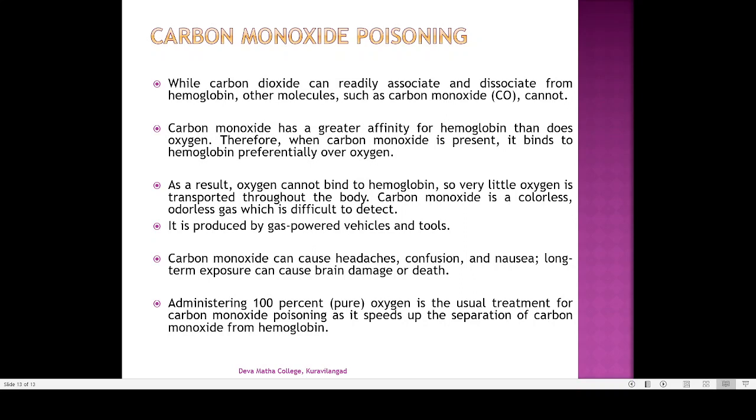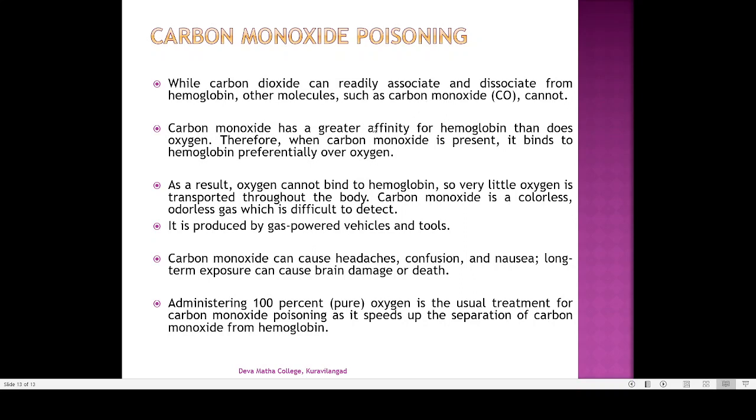So binding and removal from a hemoglobin molecule is very easy. But in the case of carbon monoxide, once it binds with the hemoglobin, that attachment is very strong. That is the problem with carbon monoxide.